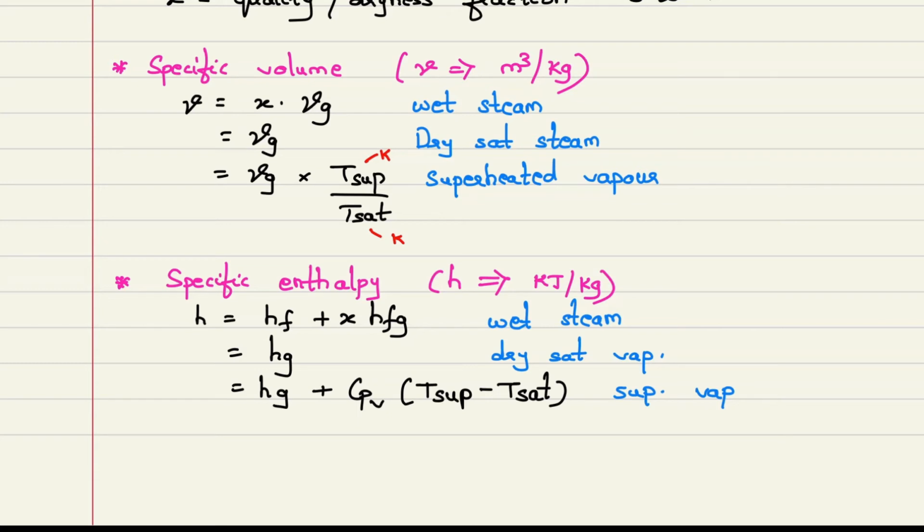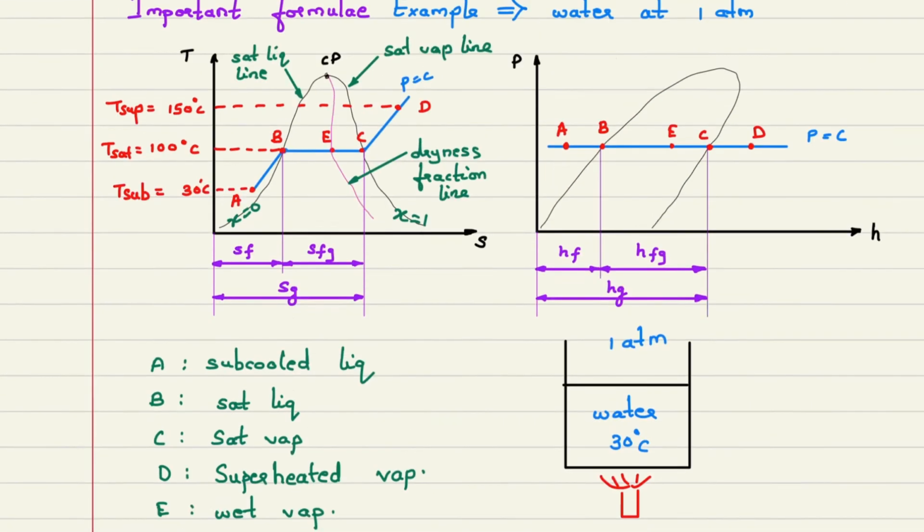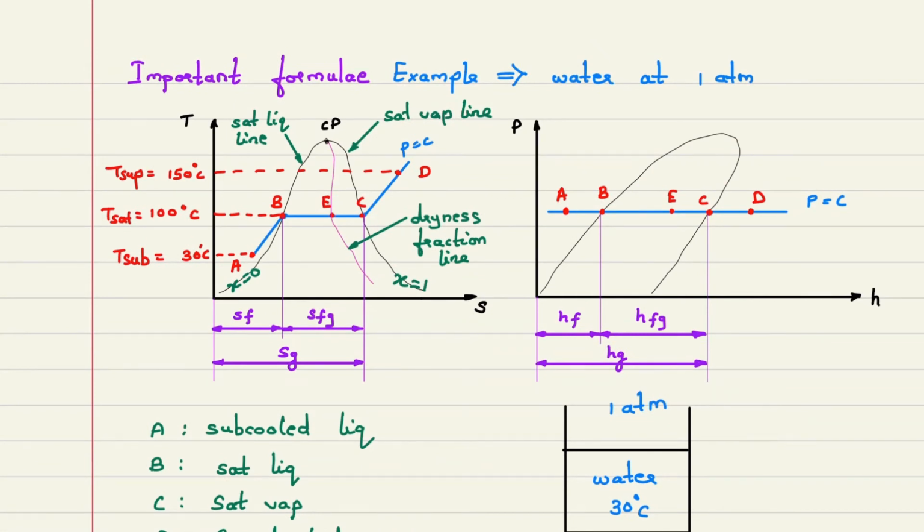Then we will see subcooled. What will be the point for saturated liquid? If you see the vapor dome, up to this is saturated liquid. If you want to calculate the enthalpy of point B, it will be HF.